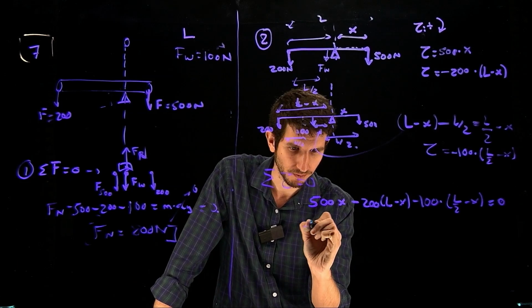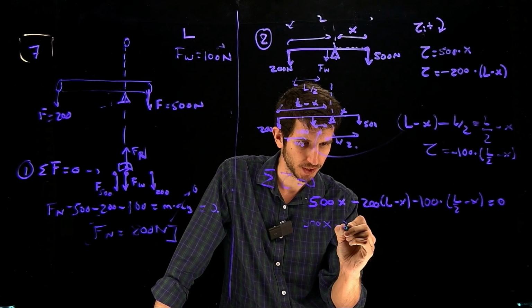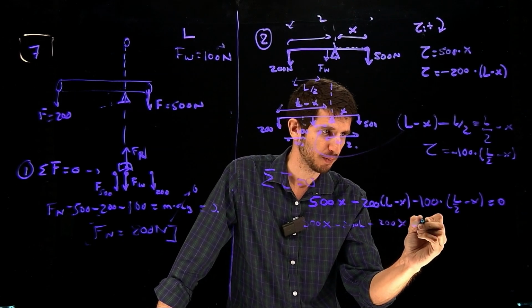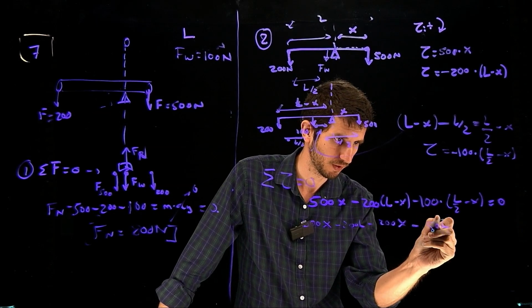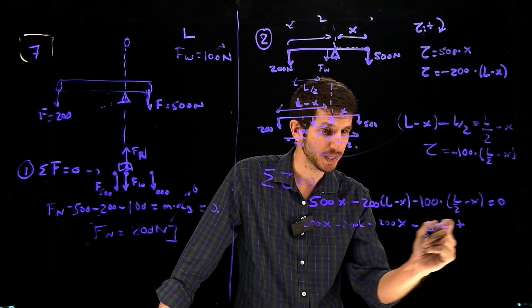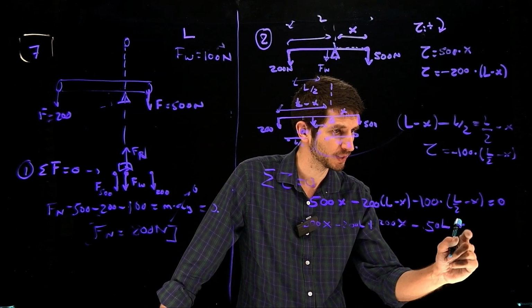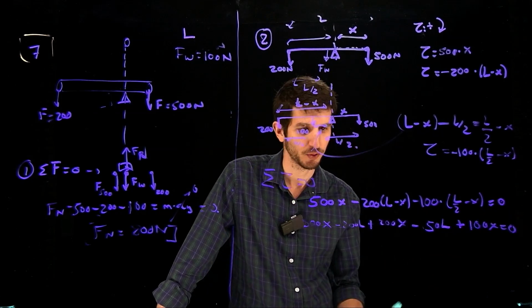So we're going to have 500x minus 200L plus 200x minus 100 L halves, which is the same as 50L, plus 100x, and that's 0.